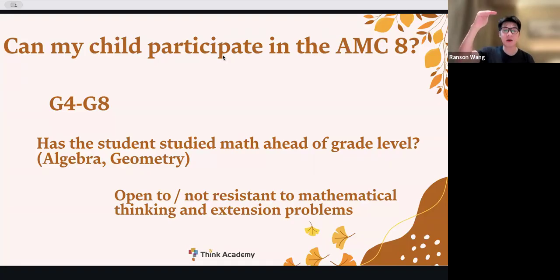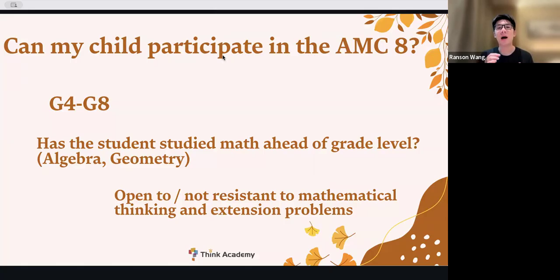The upper limit, of course, is grade 8. If you go beyond grade 8, of course, you cannot attend the MCA. But there's no lower limit. Here I put grade 4 because most students start to take the MCA in grade 4 or grade 5.